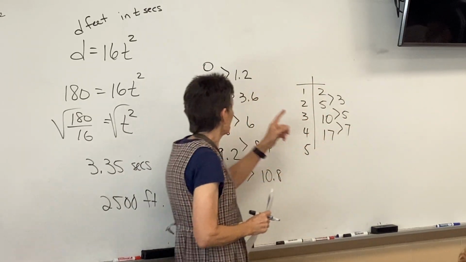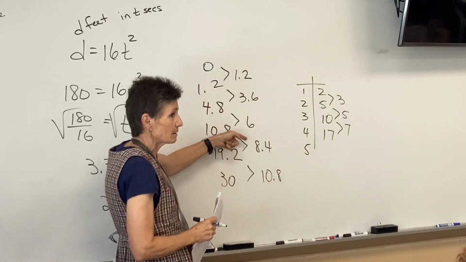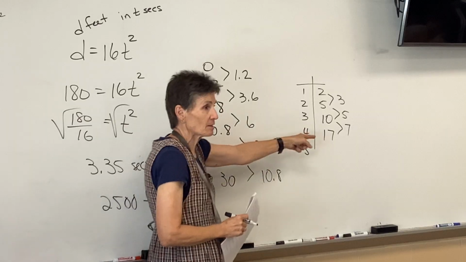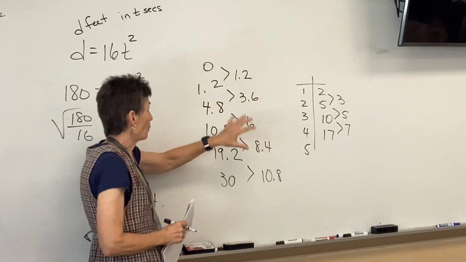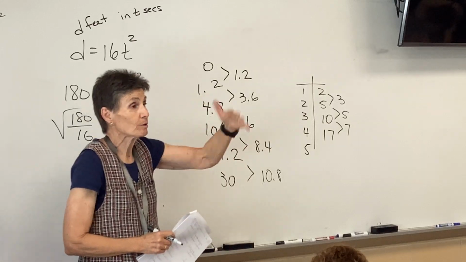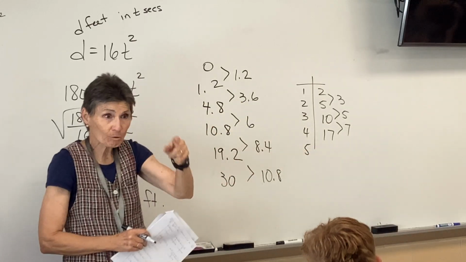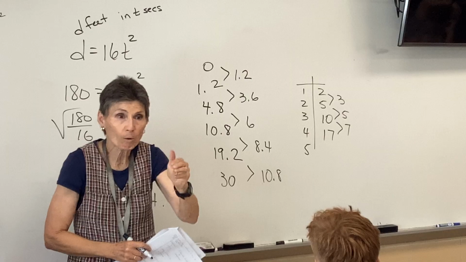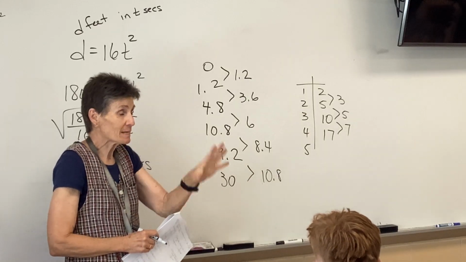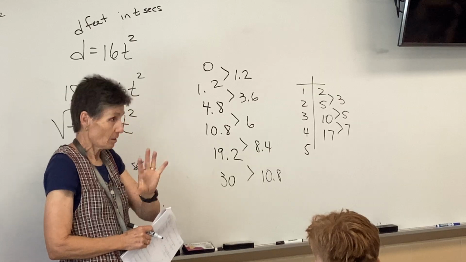What are these each increasing by? 2.4. Yeah, this is exactly the same thing that was happening over there. Your y's are changing by an increasing amount, and that increasing amount is constant, 2.4 more each time. That is what it means to be quadratic, okay?